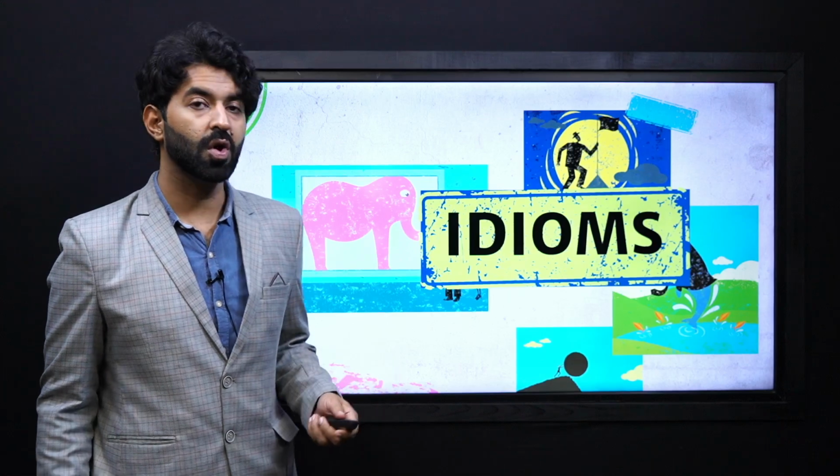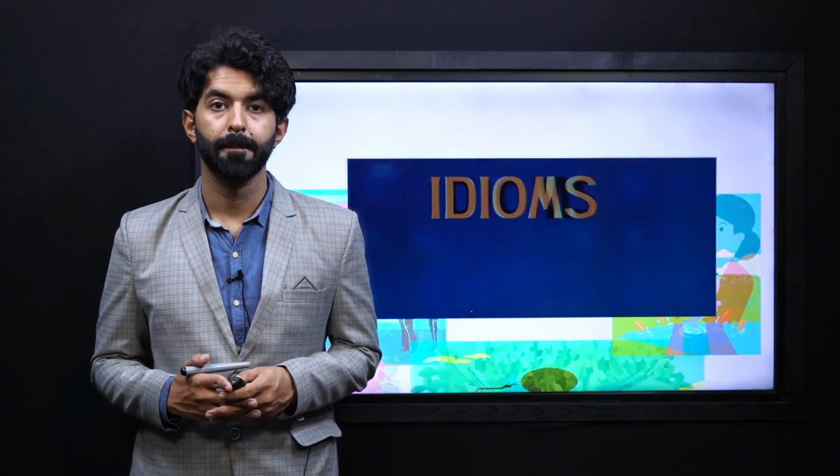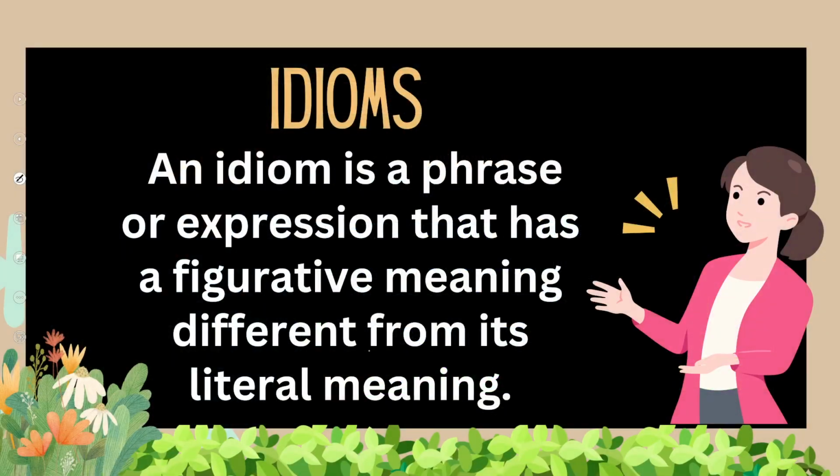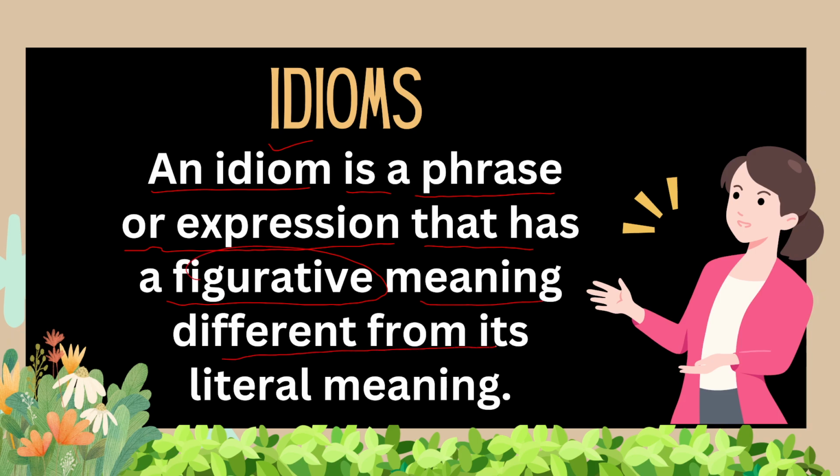Now, let's talk about idioms. Let's learn the definition. I hope that you can recall it. You have already read it in some way. So, an idiom is a phrase or expression that has a figurative meaning different from its literal meaning. So, the idiom has a figurative meaning.